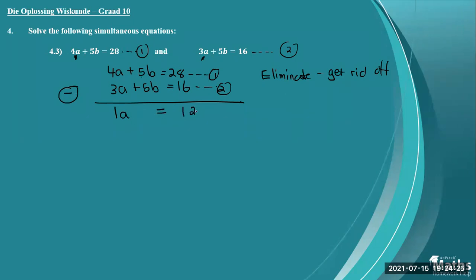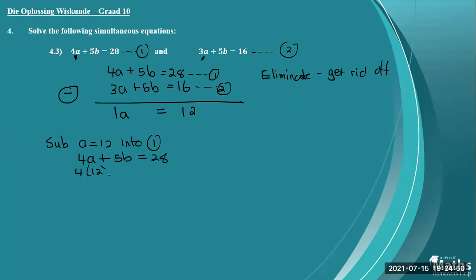So my A is equal to 12. Then you can sub into any other one. So I'm going to sub A is equal to 12 into, let's say, equation 1. But I challenge you to try and get the LCD and then see what your answer is.